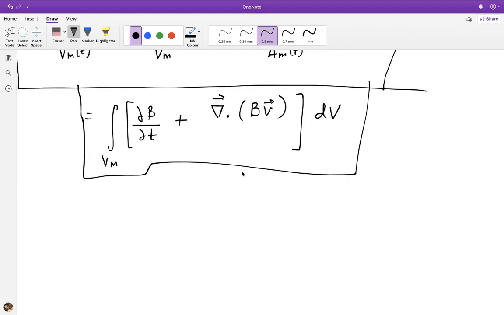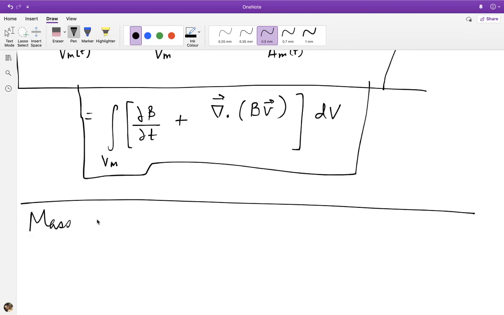So now that we have the Reynolds transport theorem, we are in a position to almost immediately obtain the equation of mass conservation, and that's what we will do to end this lecture. So what does the principle of mass conservation say?